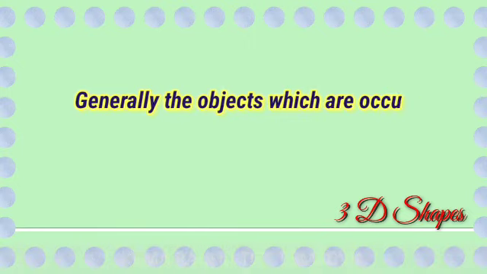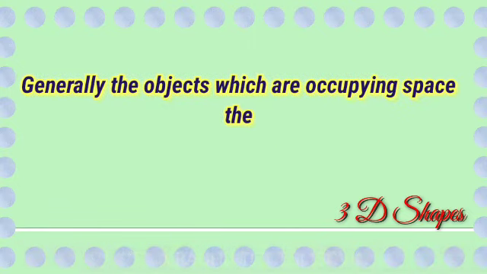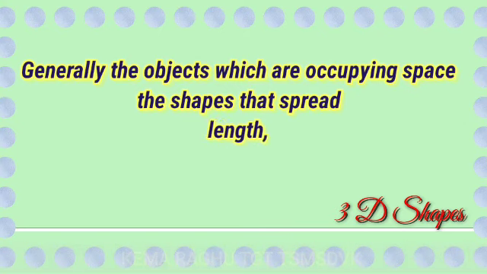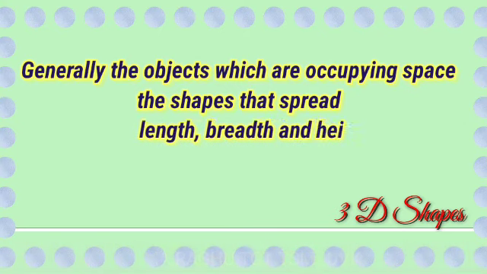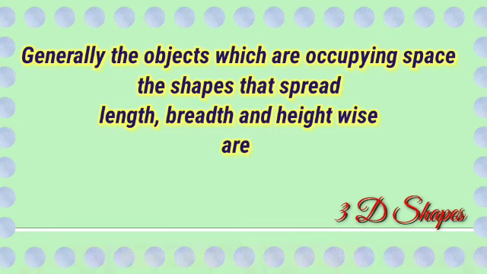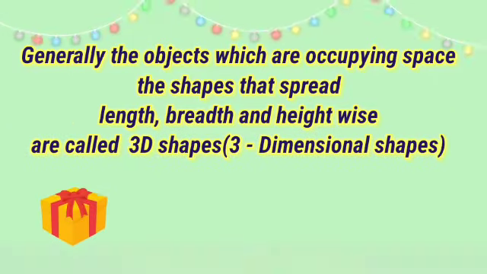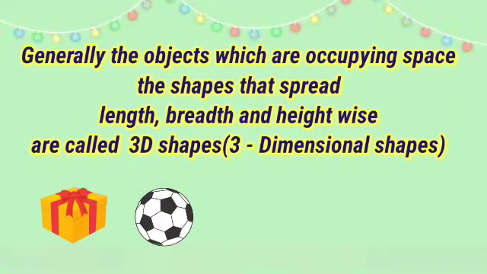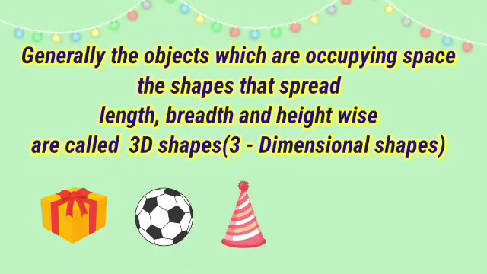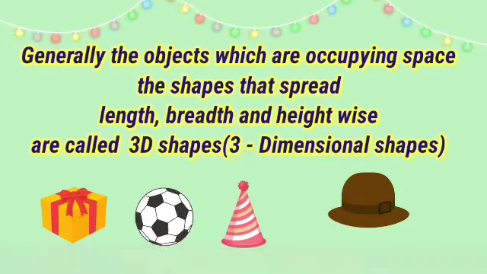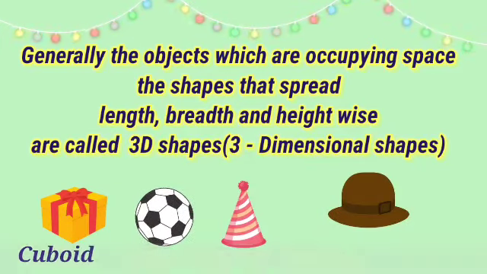Whereas the objects which occupy space, that is, they spread lengthwise, breadthwise, and heightwise in three dimensions, are called three-dimensional shapes. For example, gift box, football, and a birthday cap or a cap.